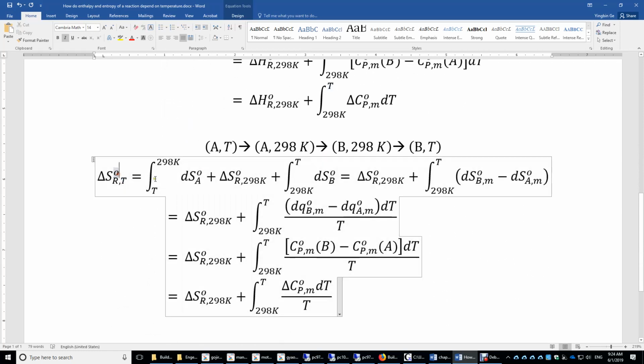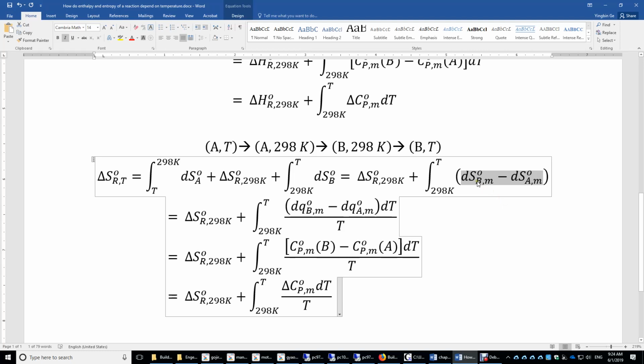For entropy change, we use similar analysis. The entropy change of the reaction equals, again, the standard entropy change of the reaction at room temperature plus a correction here from room temperature to the target temperature T. Inside this is the molar entropy of the products minus the molar entropy of the reactants.